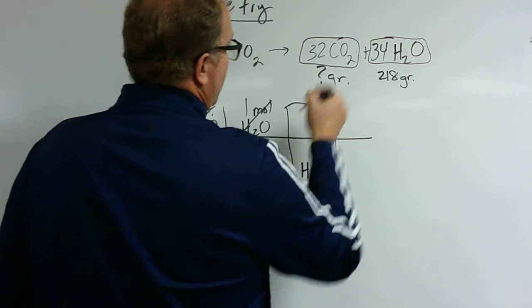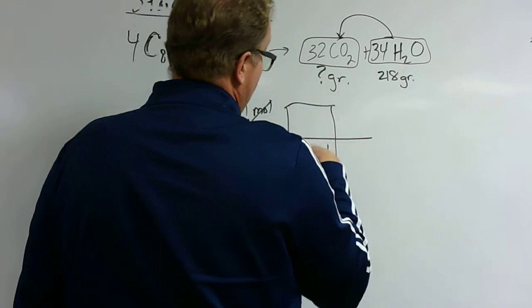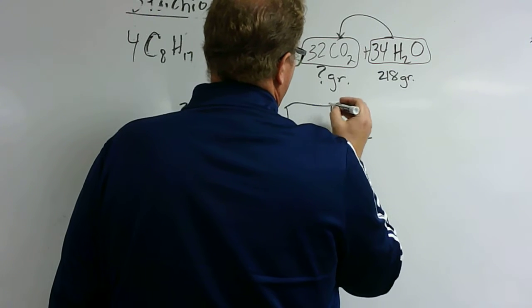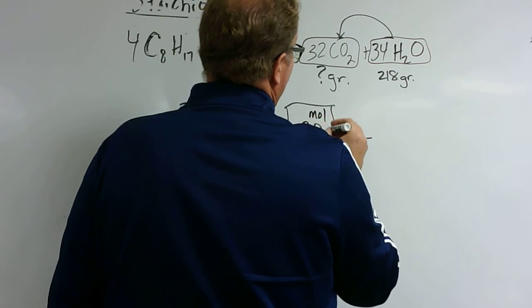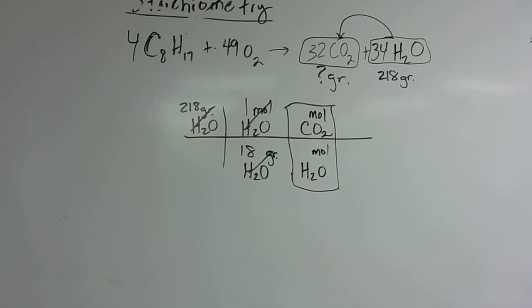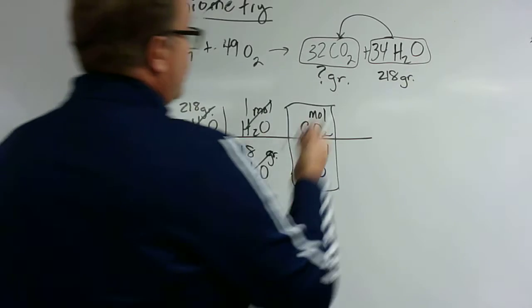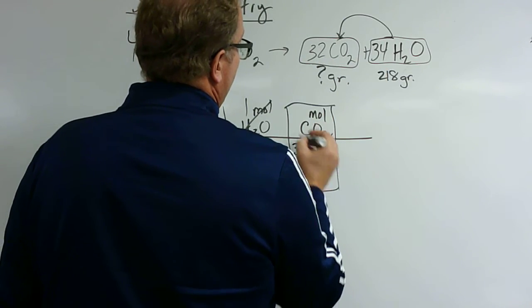That's the only time I can do my switch over. I can't do it any other time. So now I'm going to switch over to CO2. That's the only place I can switch over. And then I just write down these numbers that I see here and make sure they're in the correct spot.